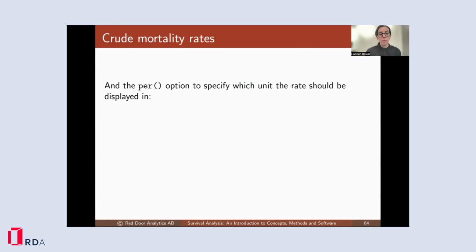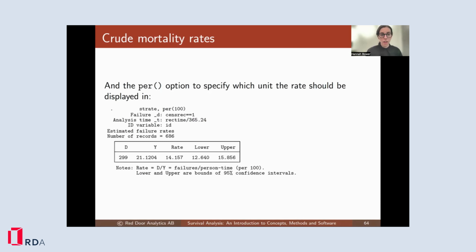Now, what we can also do, because we saw previously that it was really difficult to look at those person time years, and we got quite a low rate, is we can use the per option to specify which unit the rate should be displayed in. So what I do here is I say sdrate again, but I use the option per 100. And the thing that changes in this output is the Y value here and the subsequent rates. So what we do actually is we divide the person time at risk by 100. And now we can see that we get 21.12.